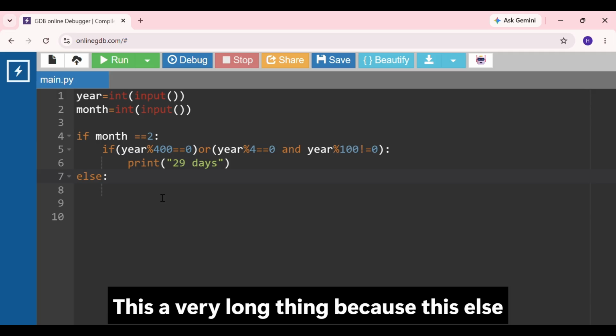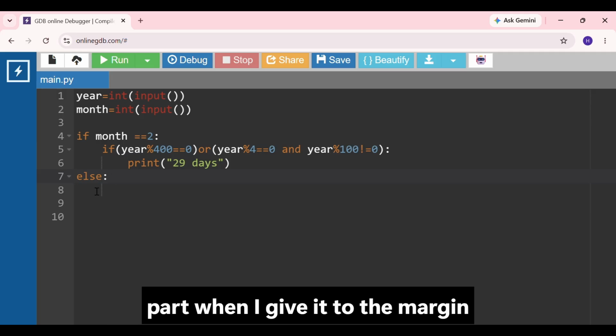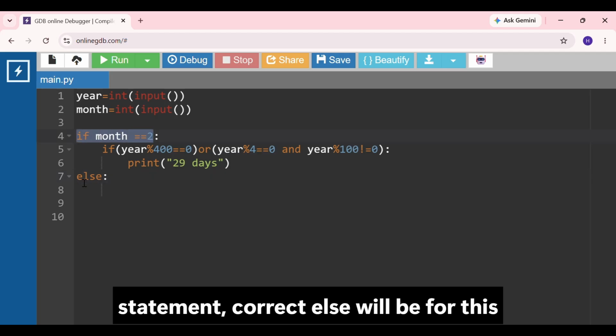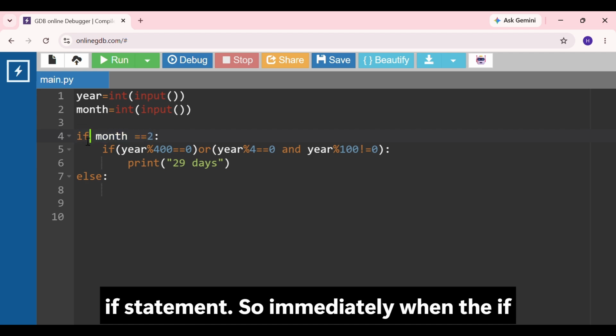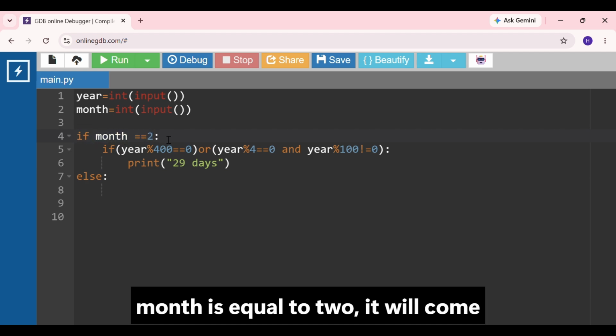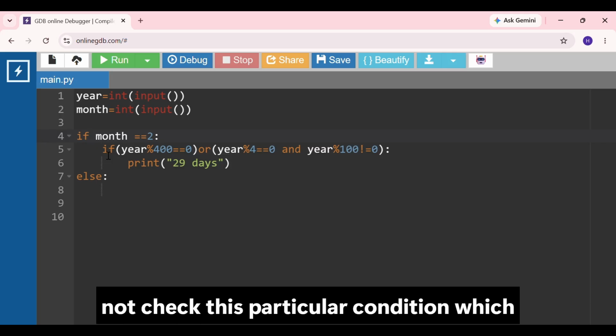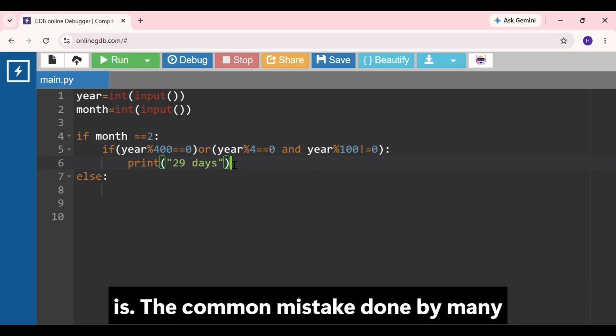This is a very wrong thing, because this else part, when I give it at the margin, will come for this particular if statement, correct? Else will be for this if statement. So immediately when the if month is equal to 2, it will come to this else part. Okay, so it will not check this particular condition, which is the common mistake done by many people.